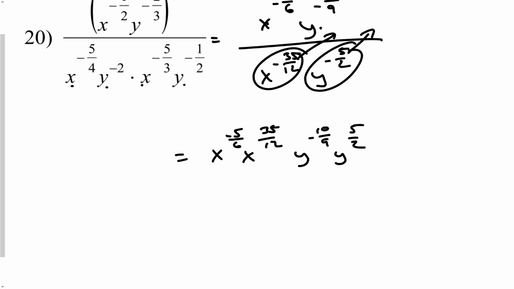Now I just put these together, which gives me common denominator of 12, so that's minus 10, so that is 25. So x to the 25 over 12, y, common denominator 18, so we're going to have to mess around with this one a little bit, but we get a 25 as well over 18.